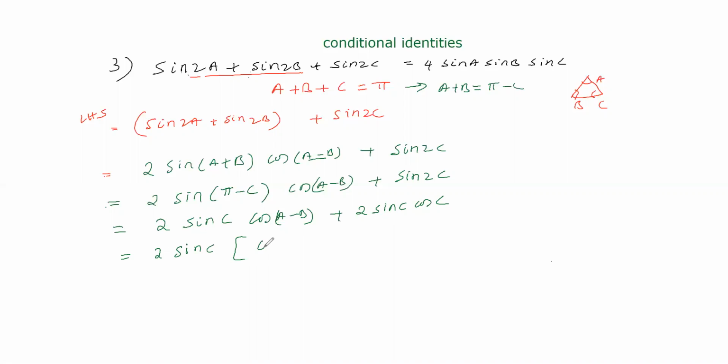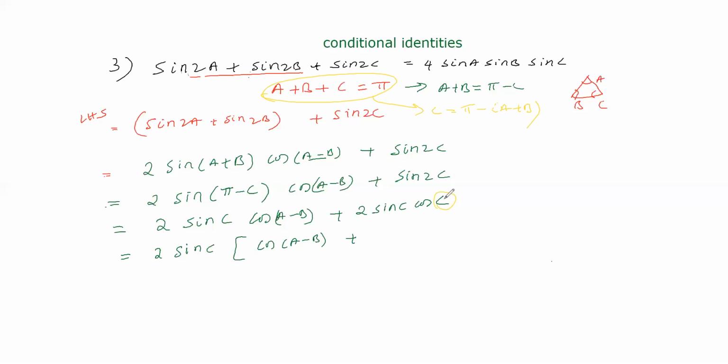Here we are writing cos(A - B) plus cos C. Cos C we have to write in terms of A and B. From A + B + C = π we can write C = π - (A + B).